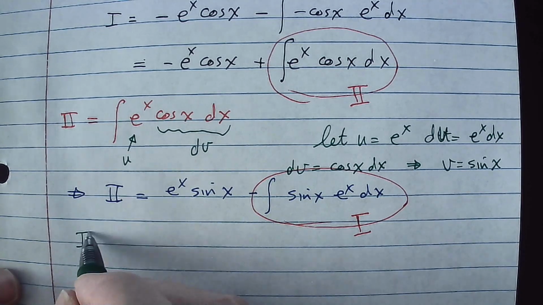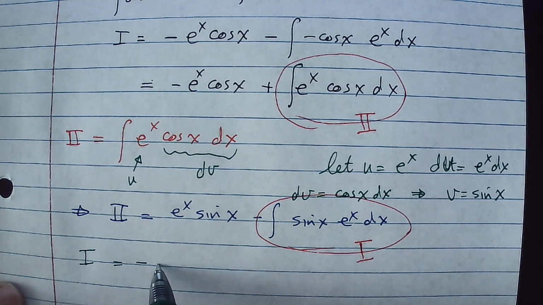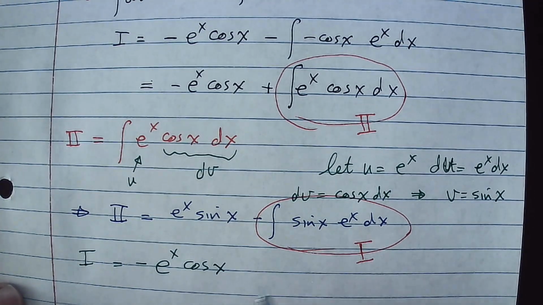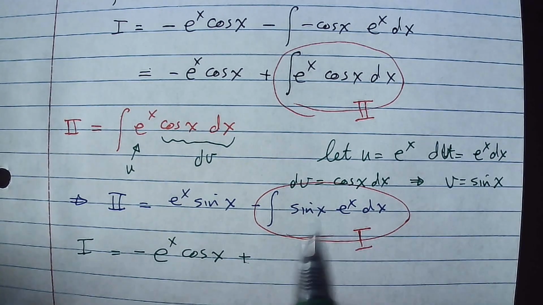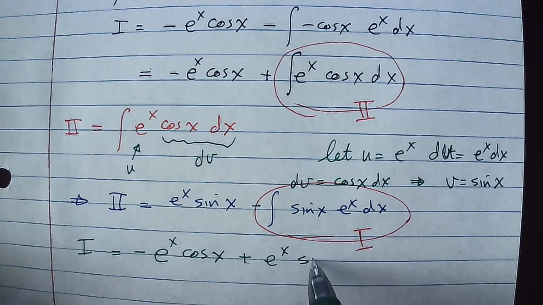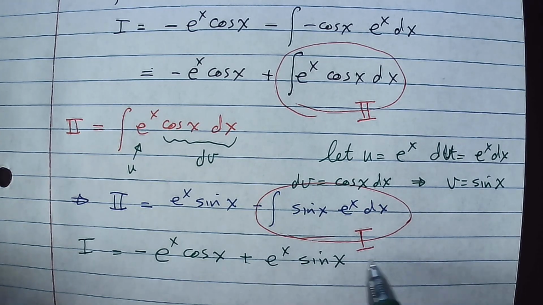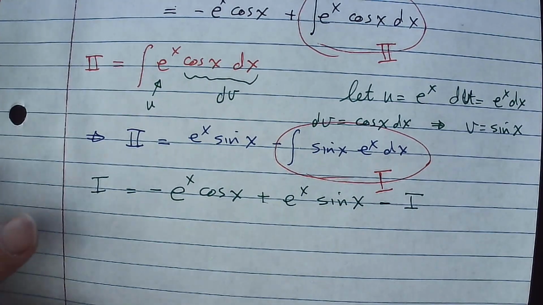Integral number 1 here is then negative e to the x cosine x plus integral number 2, which is e to the x sine x minus 1. You see?